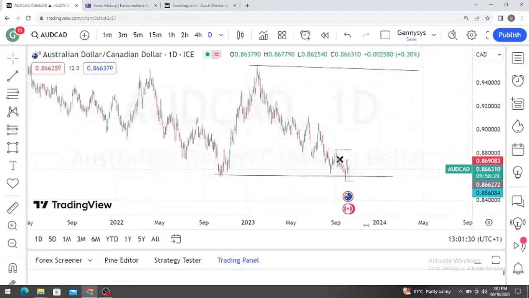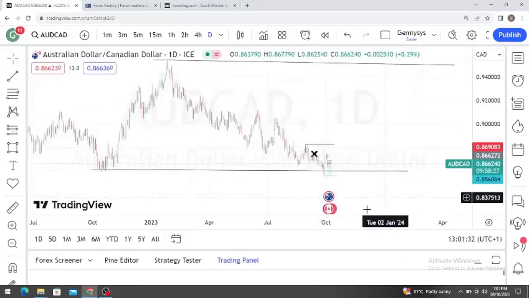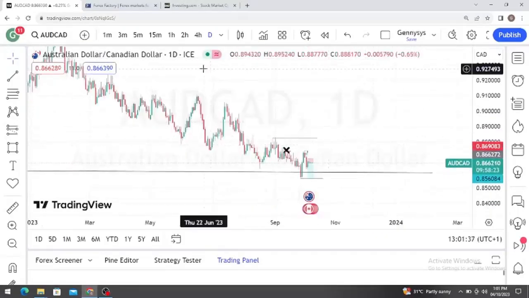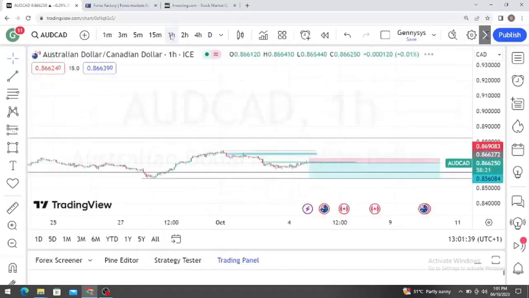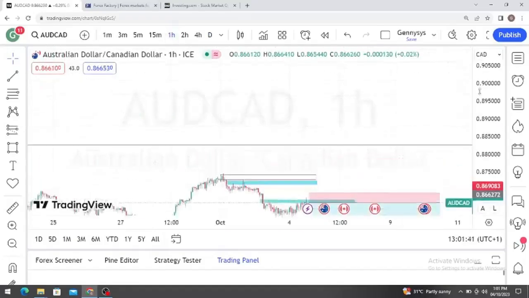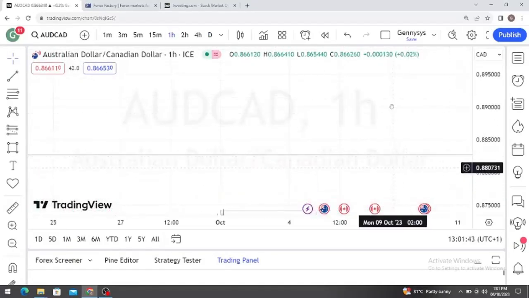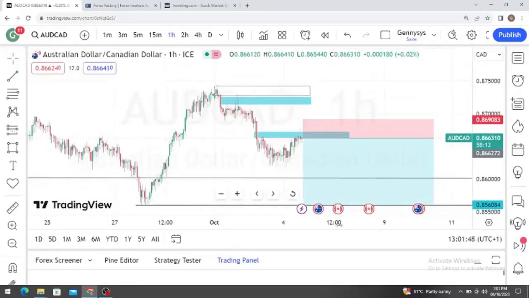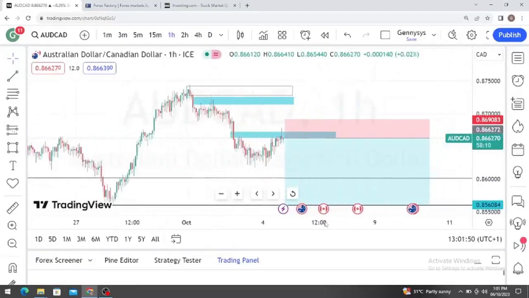Let's see. Is there any other opportunity, or any other way we could play this particular opportunity? Let's see. Smart money cube, right?